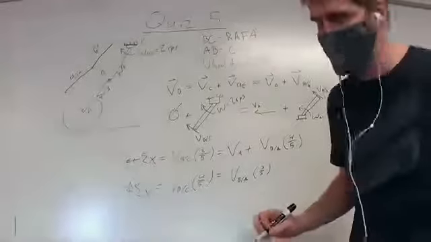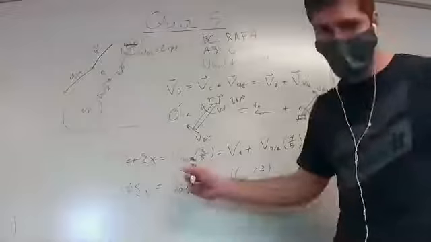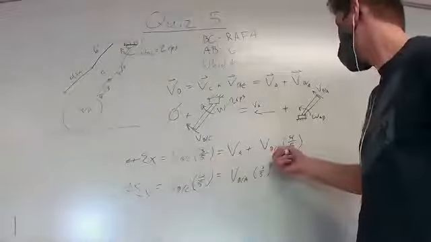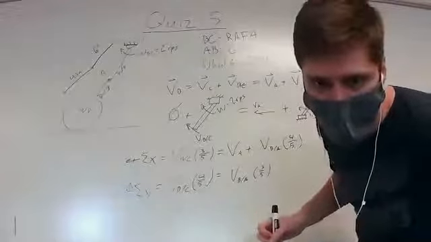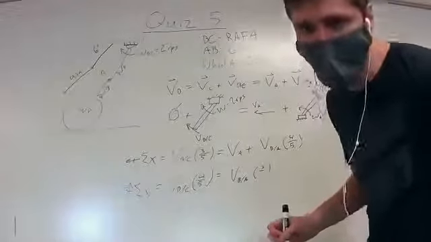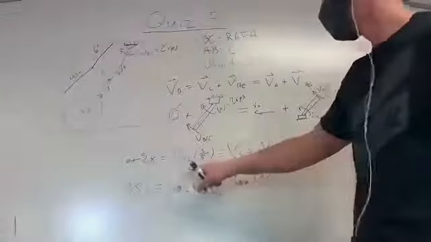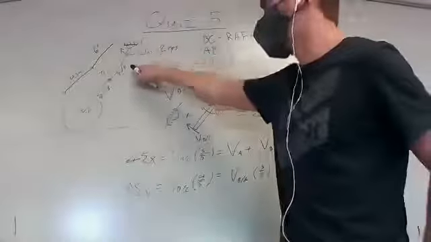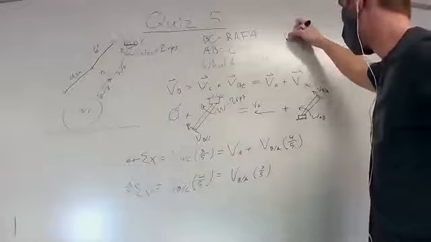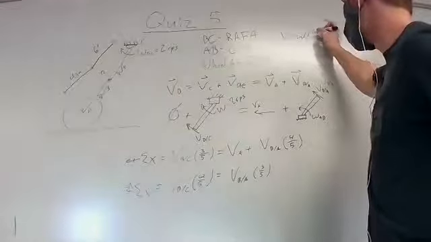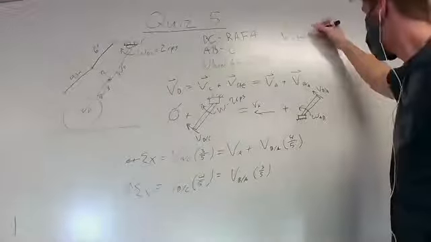So now that we have these equations, we can replace VBC here with omega times the radius, because we know that the velocity is equal to omega r here.